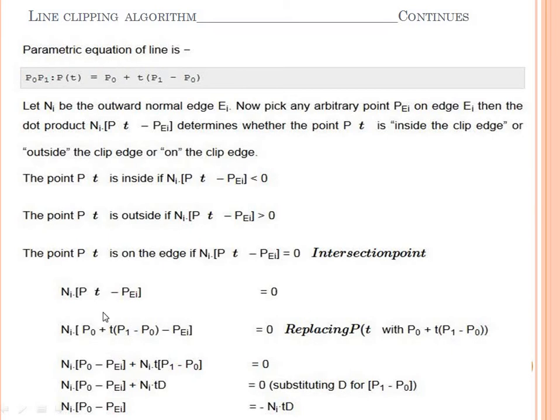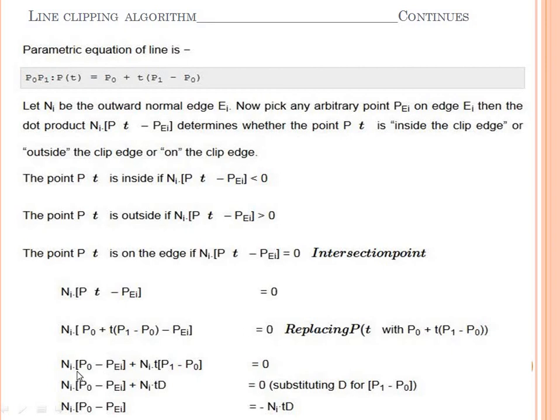Then here we replace P of t with this equation, P of t is equal to P0 plus t into P1 minus P0. Replacing P of t with P0 plus t into P1 minus P0, then minus Pei is equal to 0.